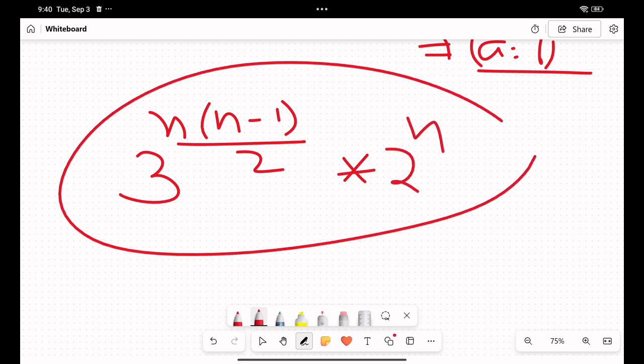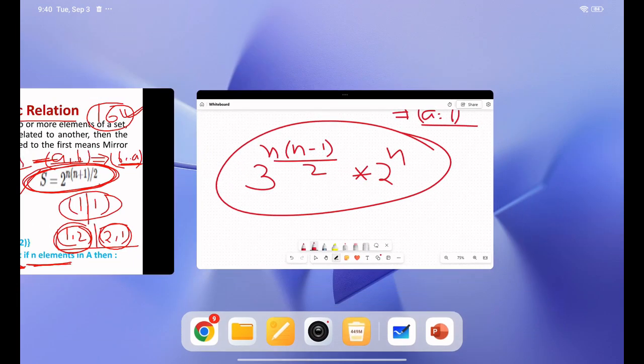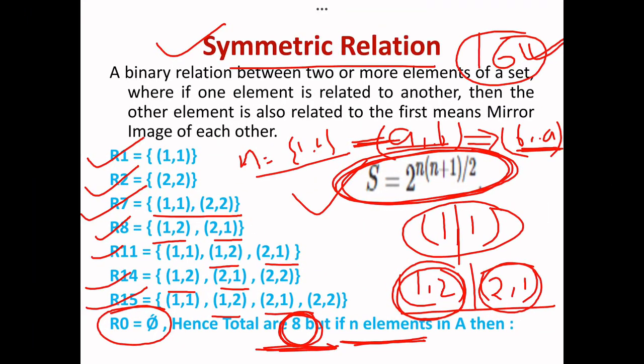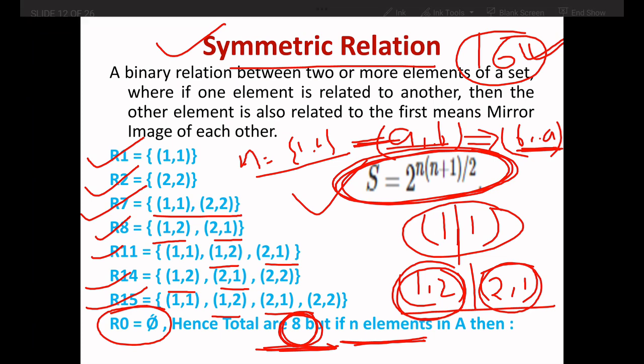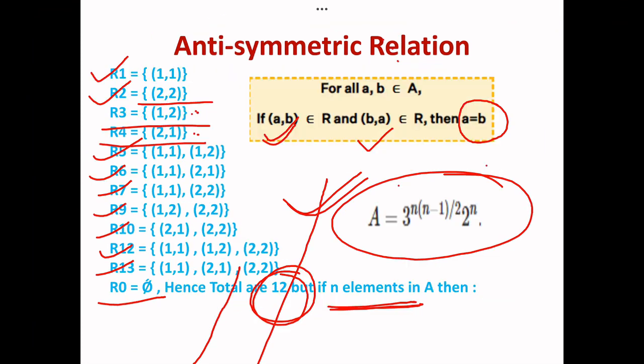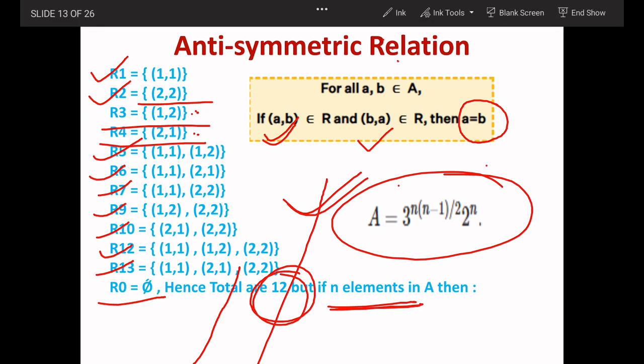I think that this is correct. Okay, I will check. 3 to the power n(n minus 1)/2, 3 to the power, correct, right? 3 to the power n(n minus 1)/2 into 2 to the power n. So this is the formula.